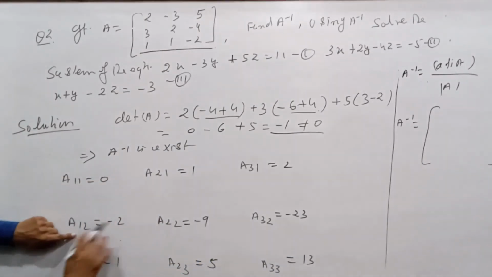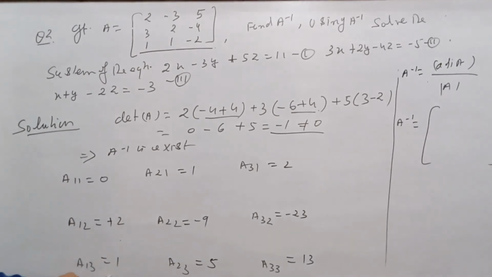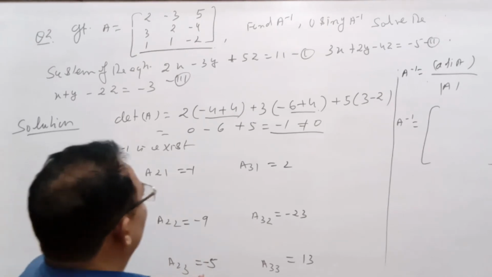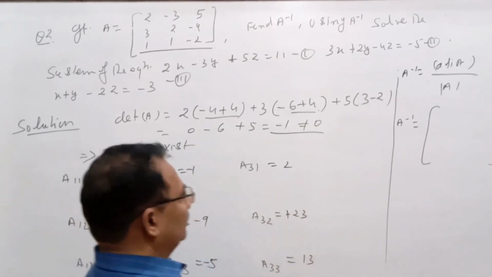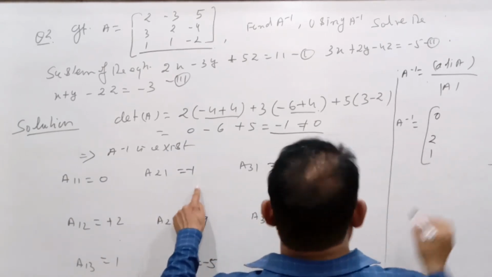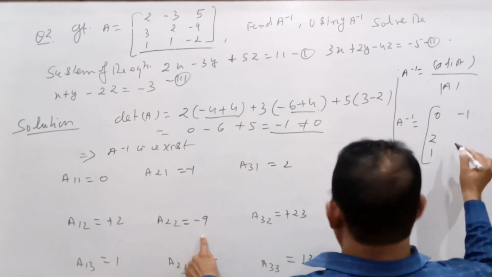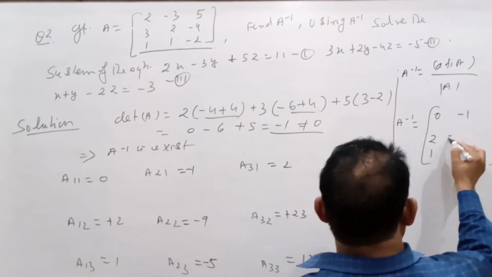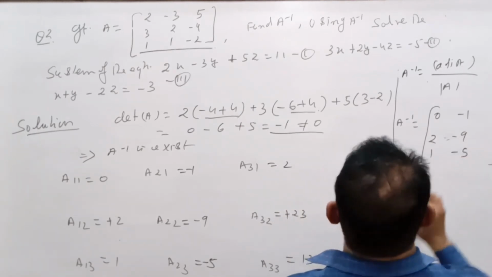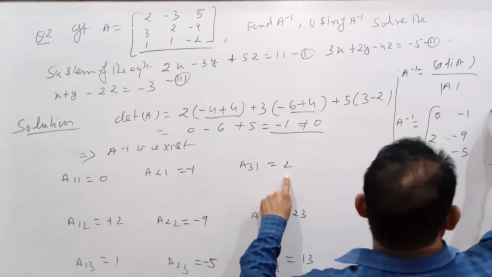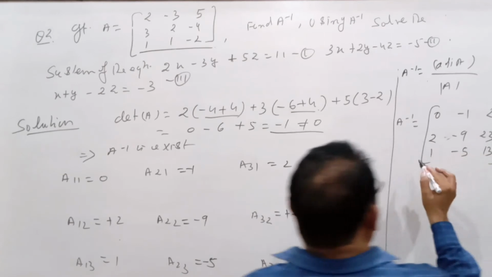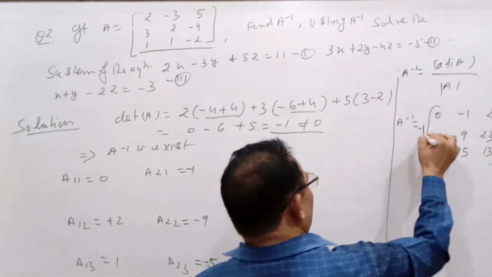A11 no change, A12 change the sign, A13 no change, that is change, 2 3, and that is change, and this is 0 2 1, 0 2 1, minus 1, minus 9, and that is minus 5, and that is 2, 23, and that is 13, divided by minus 1.